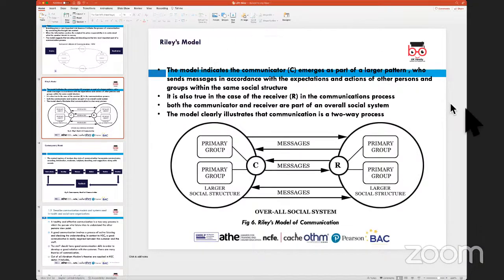The next model that we look at is what is called Riley's model. When we talk about Riley's model of communication, it focused primarily on the idea that we have two groups. And these two groups look at the exchange of information using the communication process.